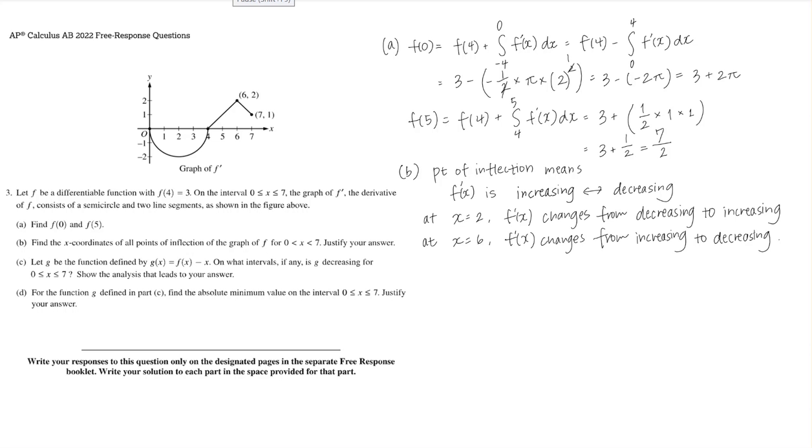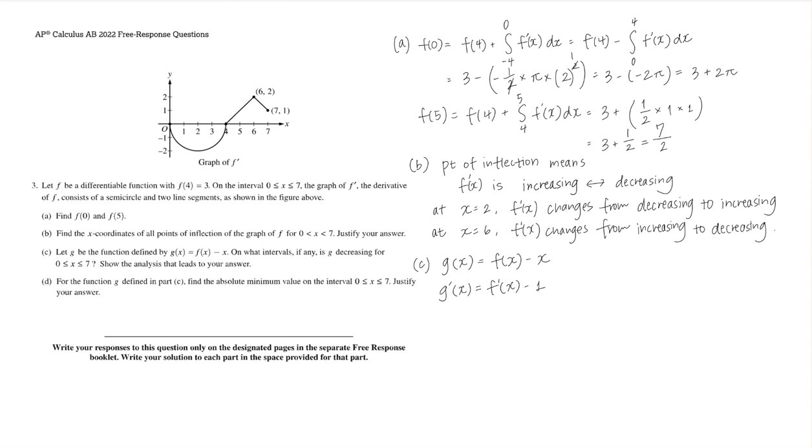And for part C, it's asking to find when g is decreasing on the interval x from 0 to 7. As it says in the question, g of x equals f of x minus x. Since it's asking about decreasing, we use g prime of x, which equals f prime of x minus 1.